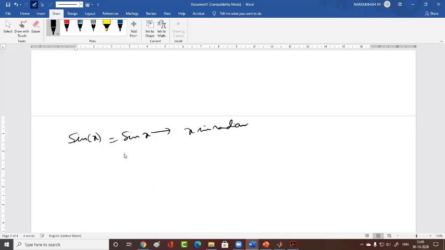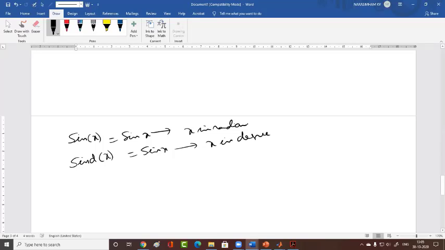Suppose if you want to find the sine function in degrees, use d, sine d of x. This is nothing but sin x, but x in degrees. You should know the difference between sine and sin d.